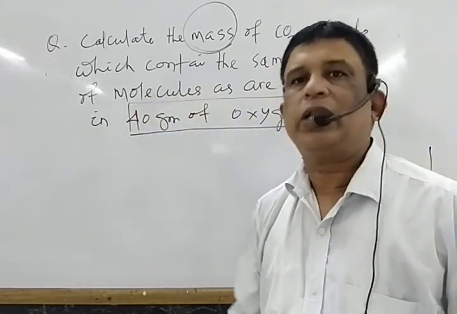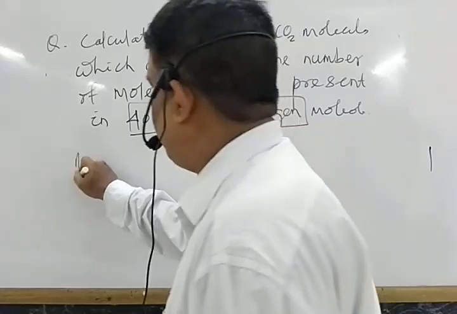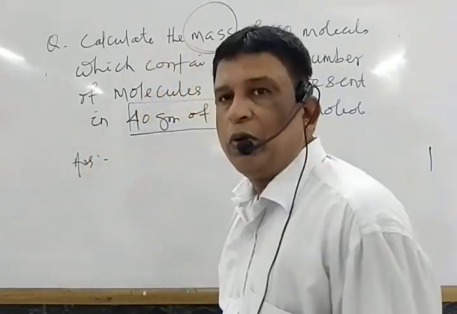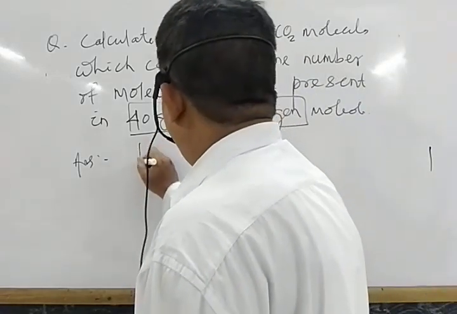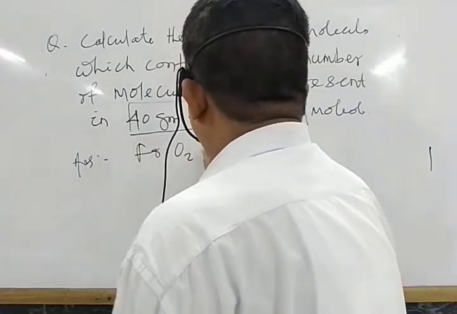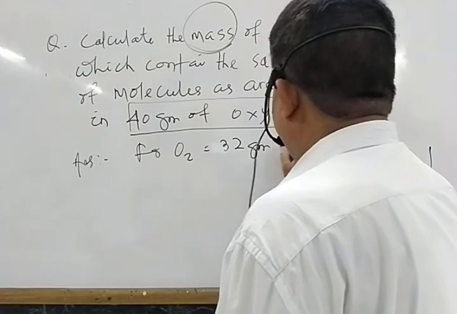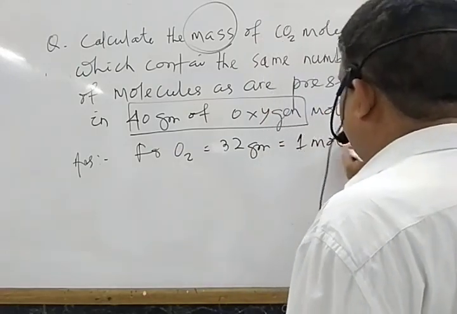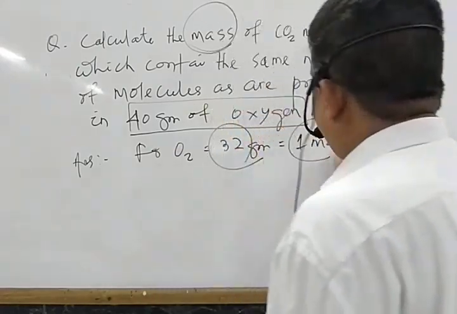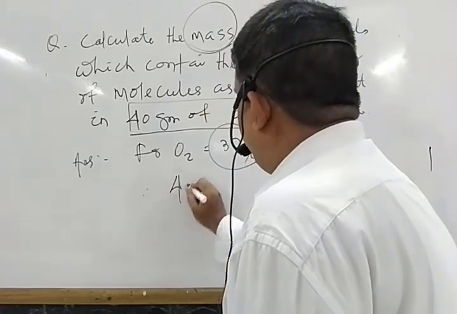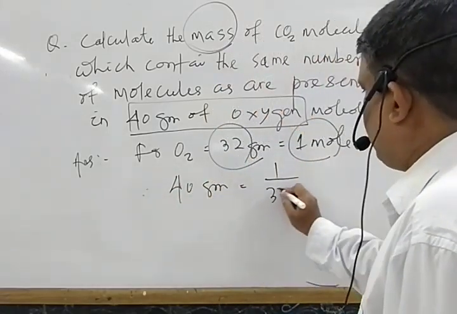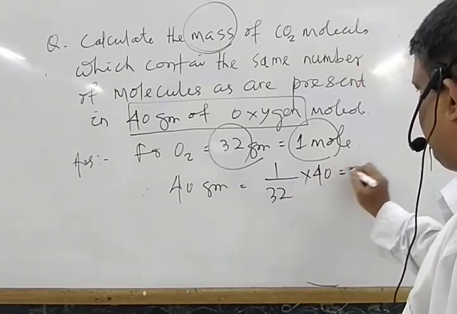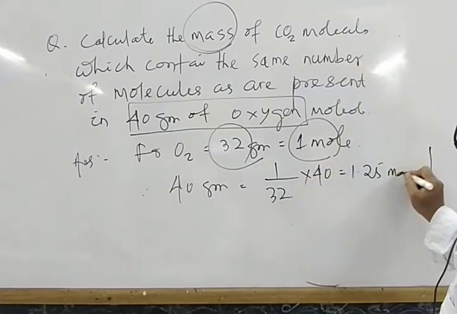So first we calculate the number of moles. Answer. First thing we have to calculate the number of moles present. For O2, 32 gram is equal to 1 mole. If 32 gram is equal to 1 mole, therefore 40 gram is equal to 1 by 32 into 40 equal to 1.25 mole.